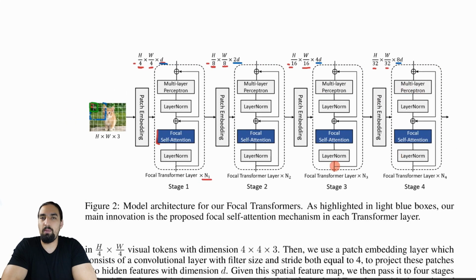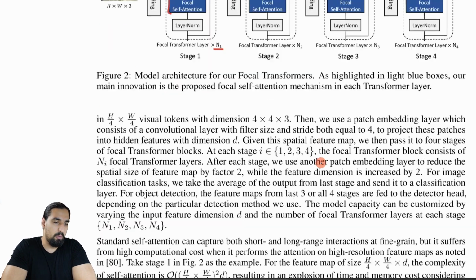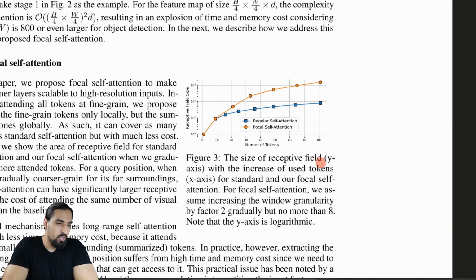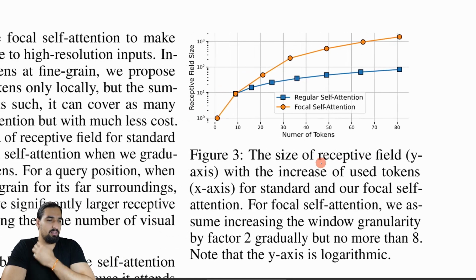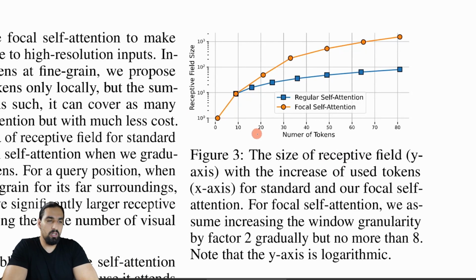Everything else remains the same as the vision transformer. We just have this novel layer and this novel logic where we are reducing the number of tokens as we go deeper and deeper. What I show here, this small diagram, let me tell you briefly about it. For a given number of tokens, they show that the receptive field of this novel layer is higher compared to the regular self-attention.